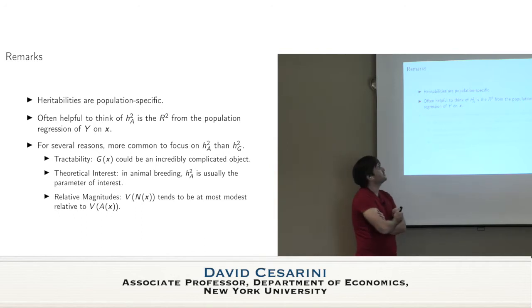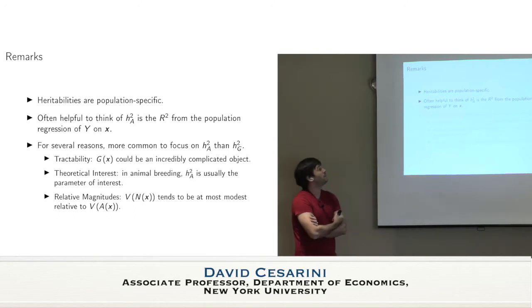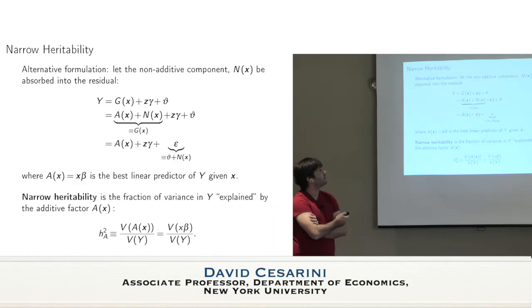The second thing is sometimes we will talk about the heritability and the R-squared of a regression almost interchangeably, okay? But when we do that, we're implicitly making an assumption that this a(x) is independent of the other stuff, right? Because otherwise the variance of a(x) over the variance of y is not the same as the explanatory power that you would get if you just regressed y on this a(x).